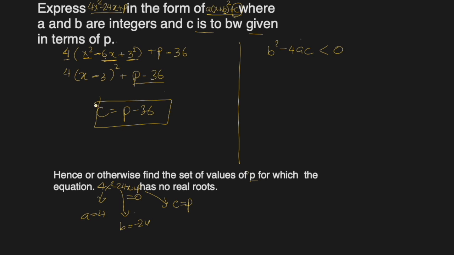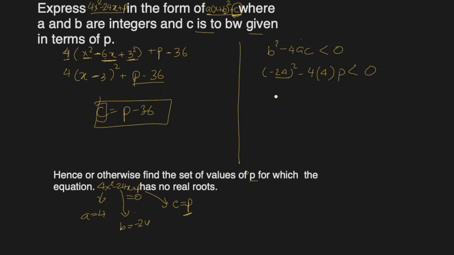Please don't confuse with this c, okay? This c was in the completing the square method. I'm talking about this discriminant. This is what we will take. So b square, which is minus 24 square, minus 4 times a, a is 4 and p, is less than 0.